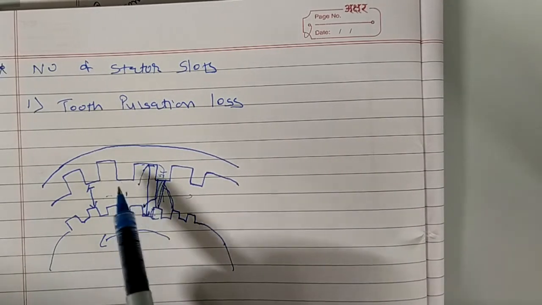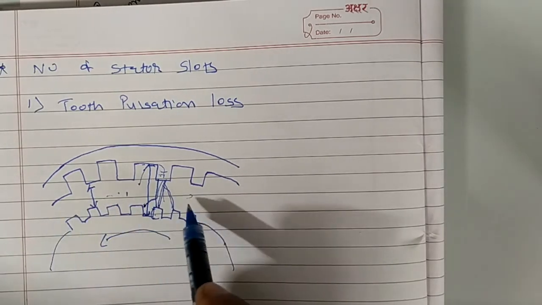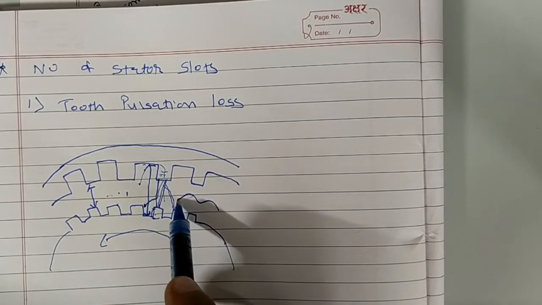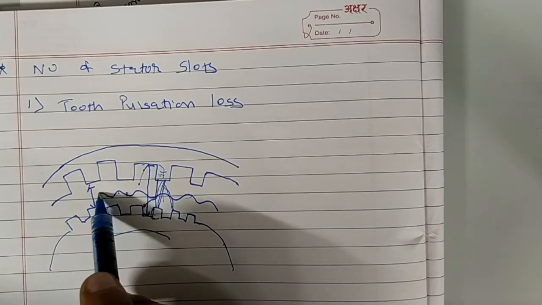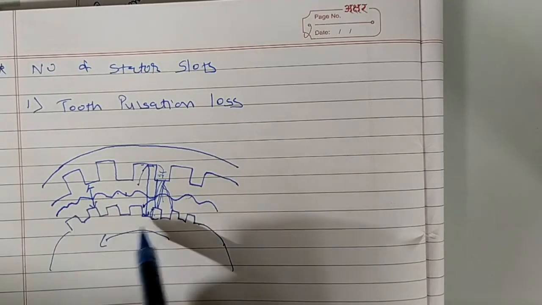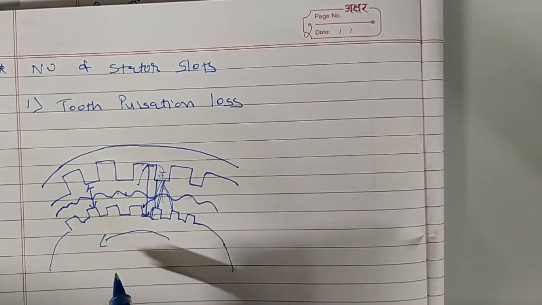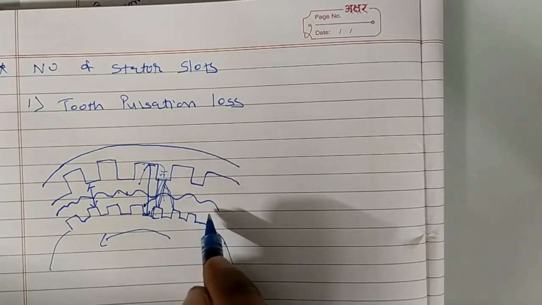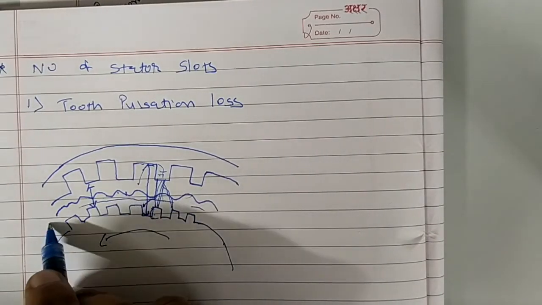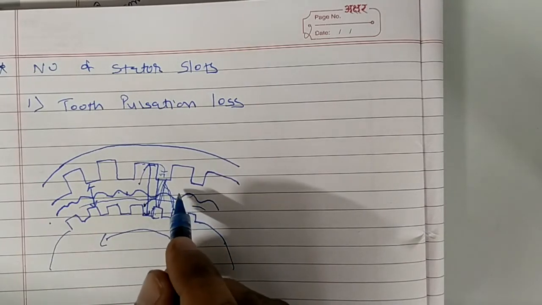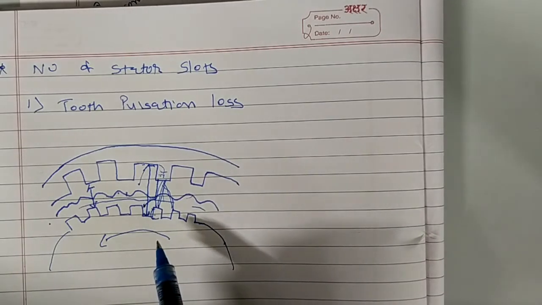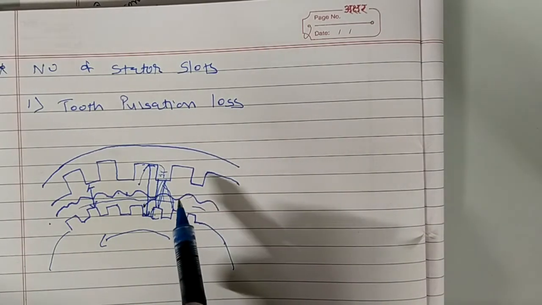If I draw the average value of flux density over here, it will look like this, depending on the rotational speed and number of stator and rotor slots. We cannot expect that the flux density will have a straight value like this. It is going to pulsate, increase and decrease, it will not remain fixed. So the value of flux is pulsating.